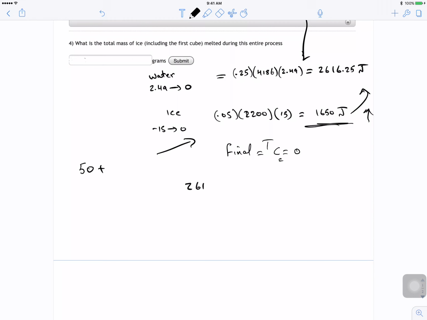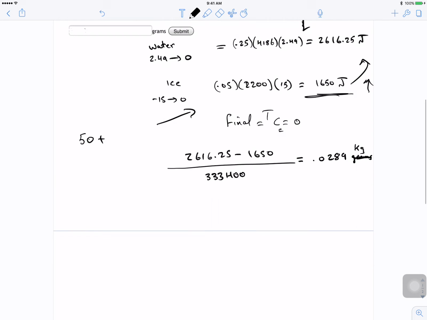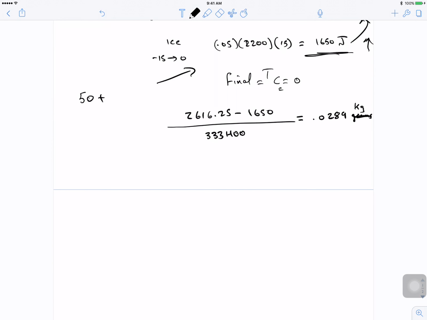So 2616.25 minus 1650 divided by the latent heat of fusion, 333,400, and this one will equal 0.0289 kilograms, and then change it to grams, which is 2.89.